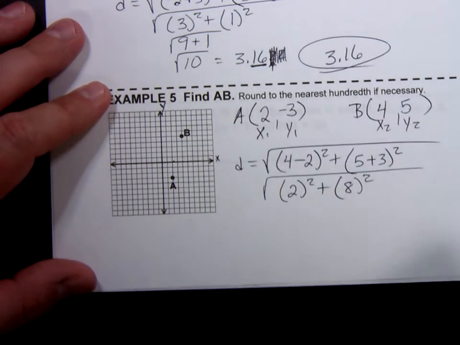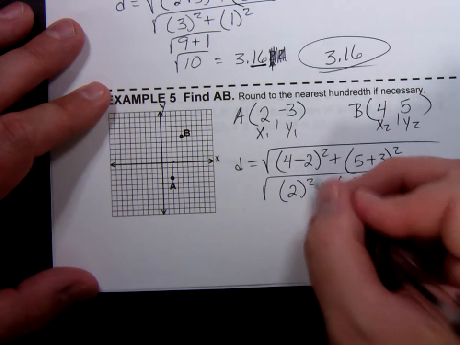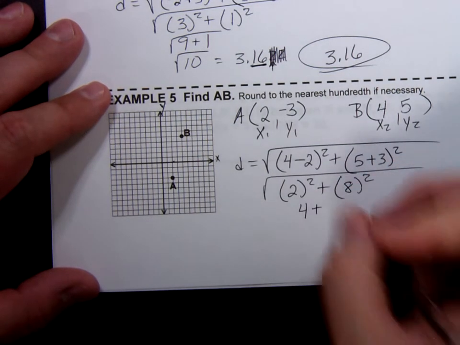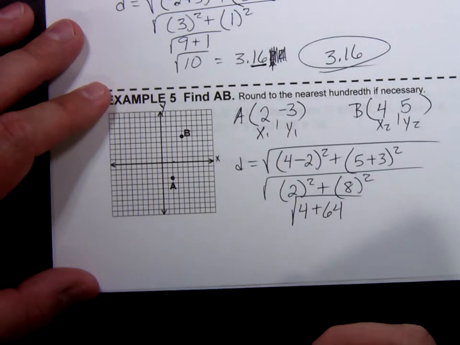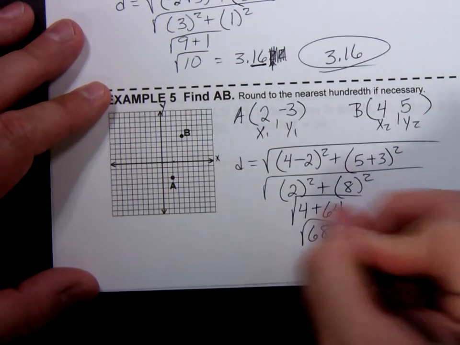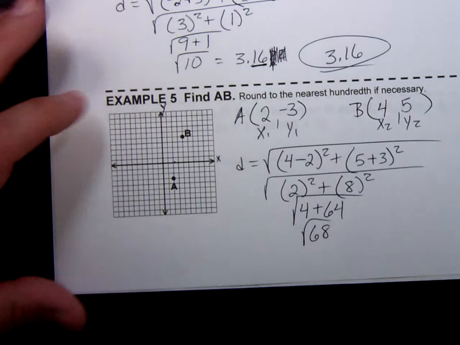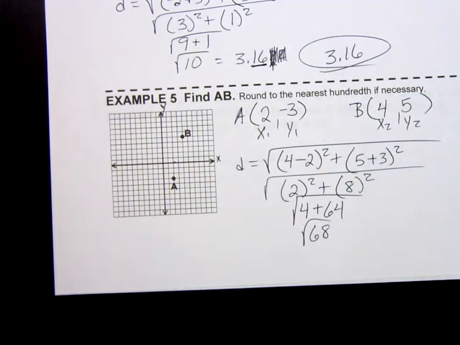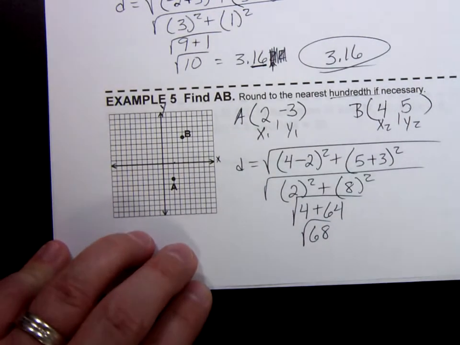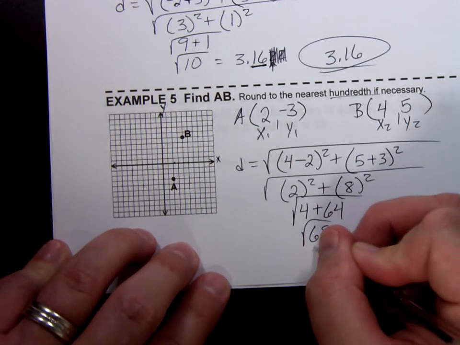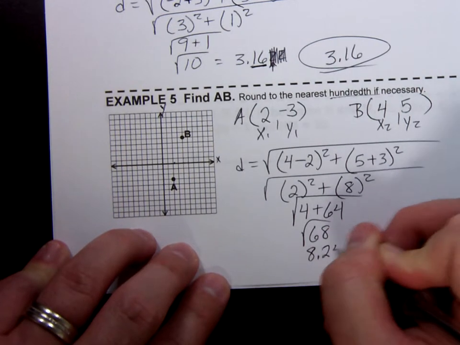After parentheses is exponents. 2 squared is 4. 8 squared is 64. Add them together. Take the square root. Now when you take the square root of 68, not going to get a whole number. We're going to have to round. Once again, it says round to the nearest hundredth. So we want 2 places after the decimal point. Now when I put this in the calculator, I get 8.2462, whatever.